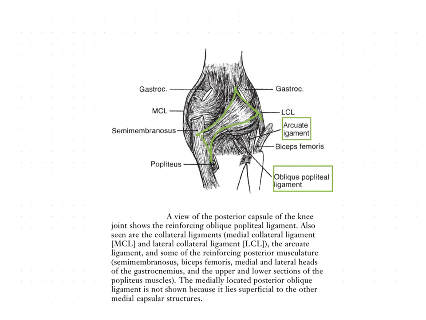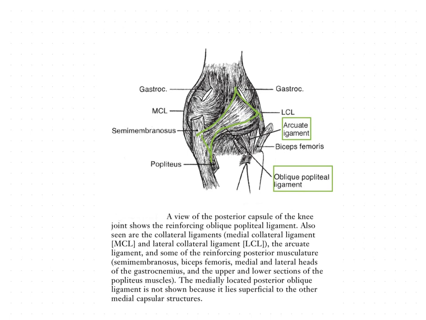These posterior capsular ligaments are called the oblique popliteal ligament, and we can also find the arcuate ligament. This oblique popliteal ligament forms the floor of the middle third of the popliteal fossa.